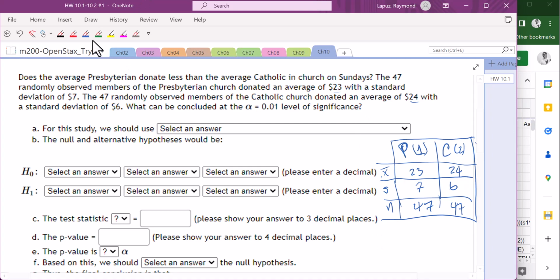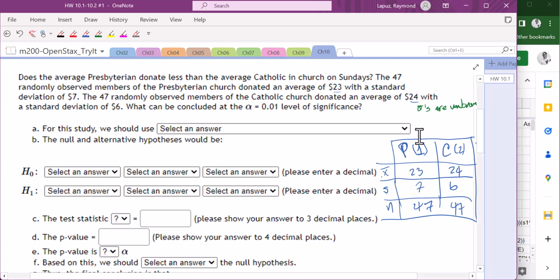All right, for the study, what should we use? Notice that sigma is unknown. The population standard deviations for each, the sigmas, are unknown. And so we're probably going to be veering towards the t distribution.